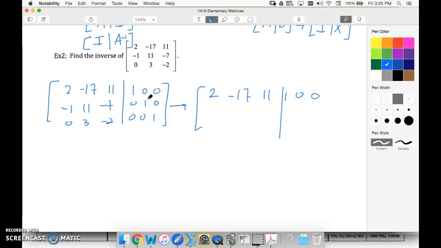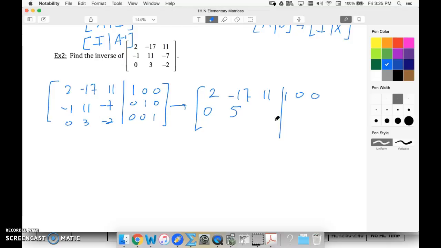And then I'm going to do row 1 plus 2 row 2. So row 1 plus 2 row 2 is going to give me 0. Negative 17 plus 22 is 5.